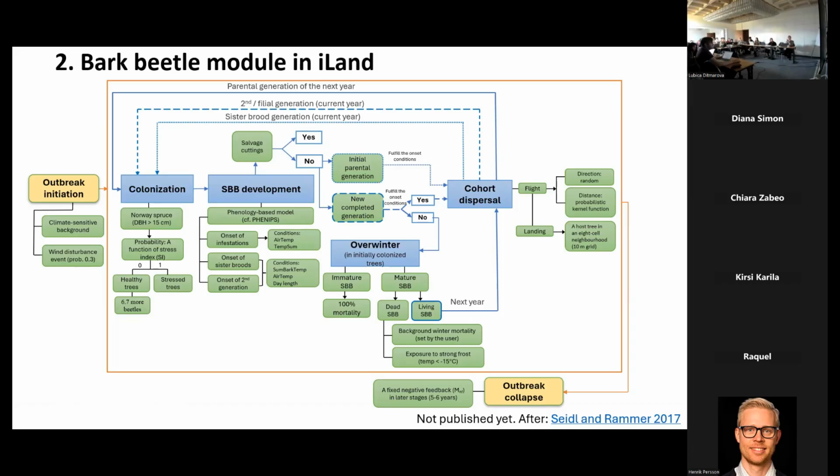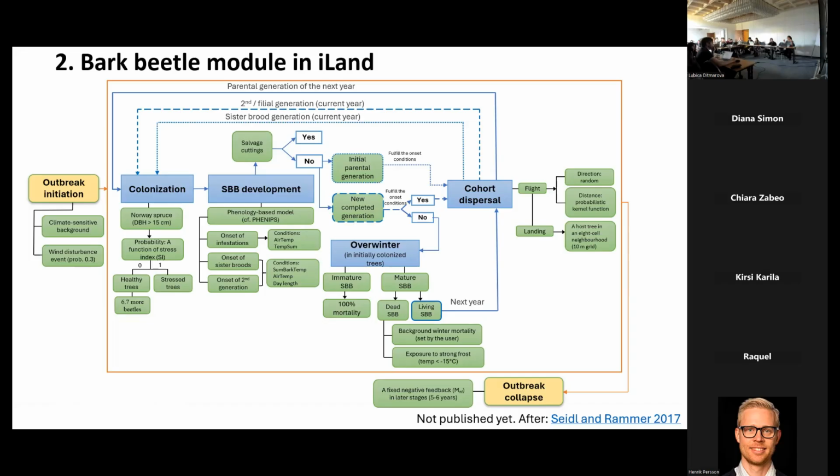Then for colonization, if there is high probability for a cell to be infested, it evaluates if there are spruce trees with diameter bigger than 50 centimeters, and whether those spruce trees are vulnerable, stressed by drought, or wind-felled. They need one cohort to be killed, I was explaining what that means, one cohort to kill the tree.